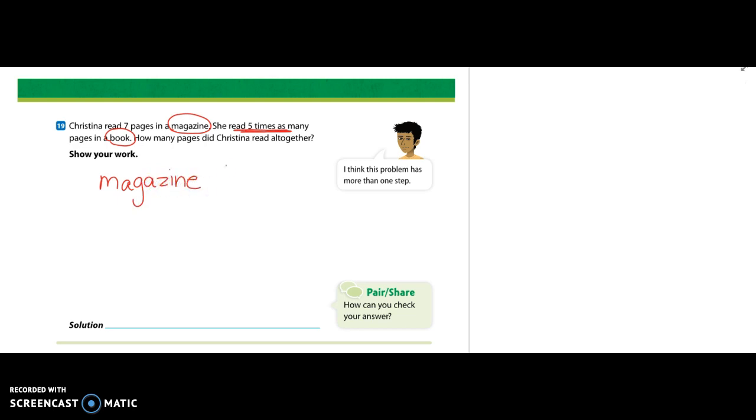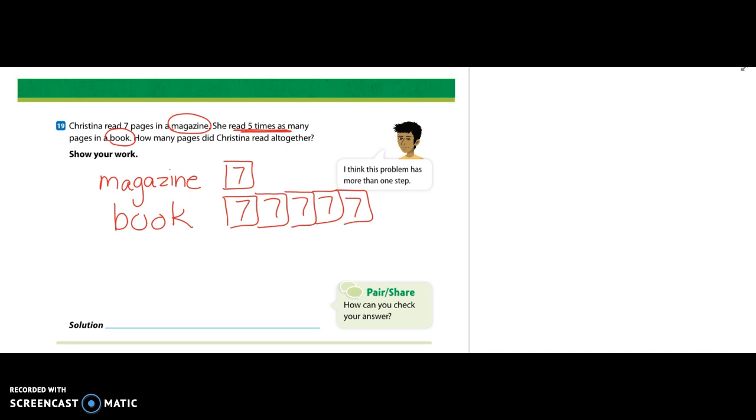Christina's read 7 pages in a magazine, and in her book, she's read 5 times as many, 5 7s. So that's why we're going to draw 5 boxes. 1, 2, 3, 4, 5 7s, 5 times as many pages in her book as she did in her magazine.